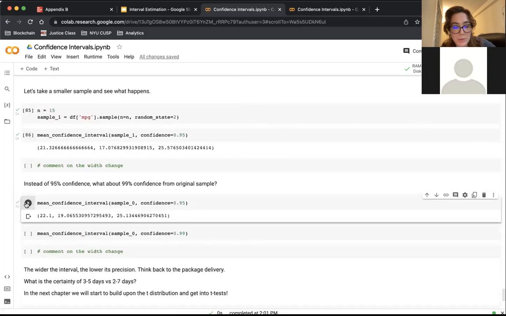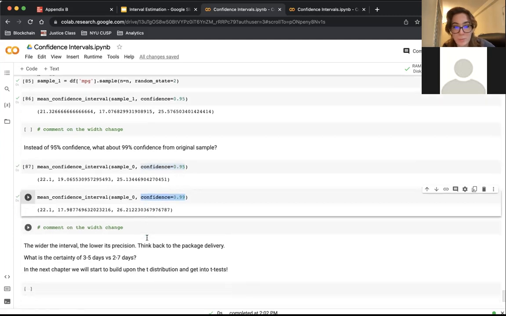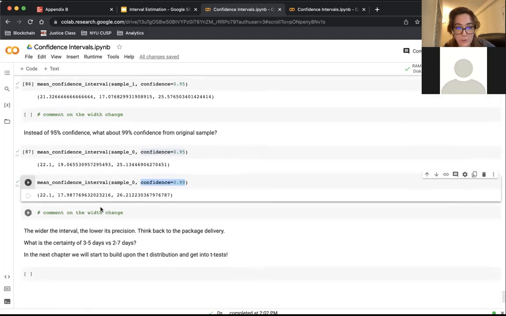And if we use the same function, we can just plug and play with the different confidence intervals we want. So now instead of 0.95, we would have a wider confidence interval because of this 0.99. We want it to be more likely to get it right if we did this 100 times, so we widen the confidence interval.